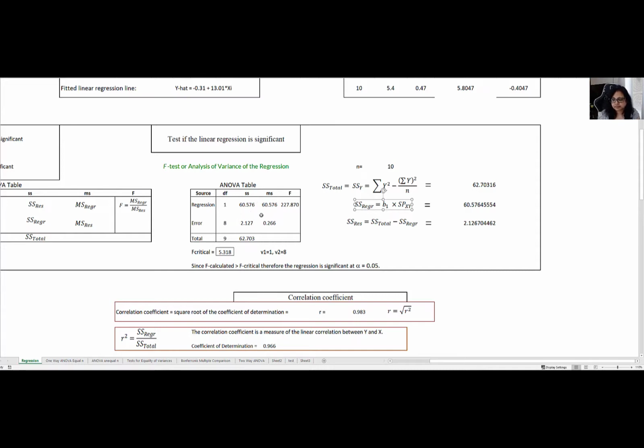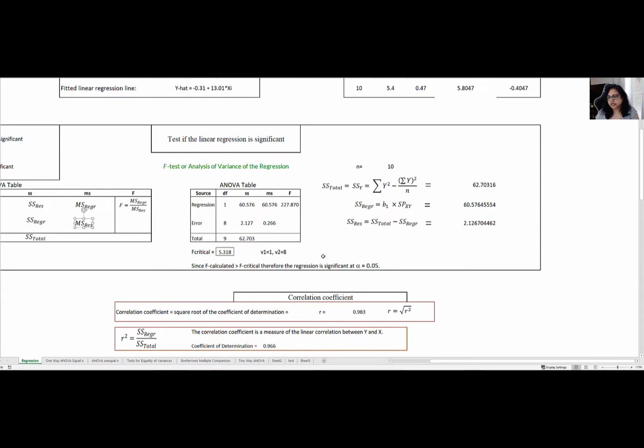For mean square, you just need to divide 60.576 by the degrees of freedom. Same thing for error, you take it and divide by the degrees of freedom. That's how I found the mean square error. And the F calculated value is just the regression mean square divided by the mean squared error.